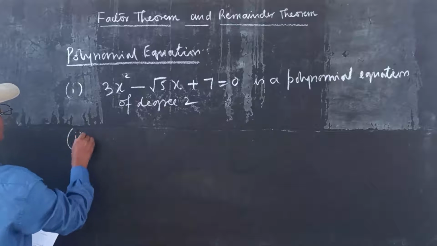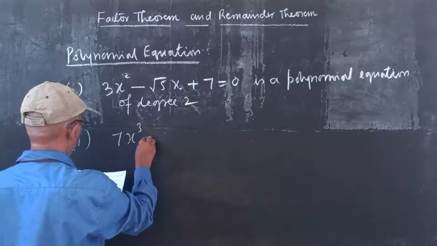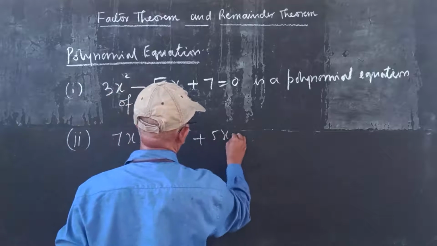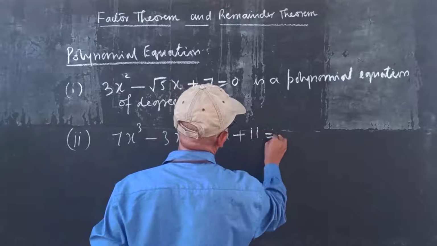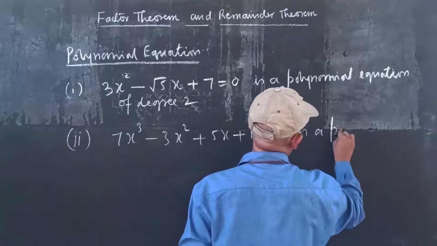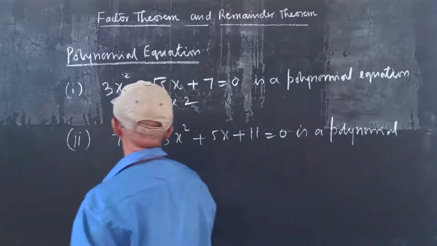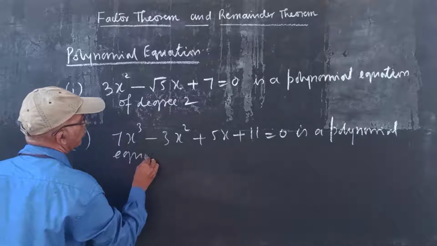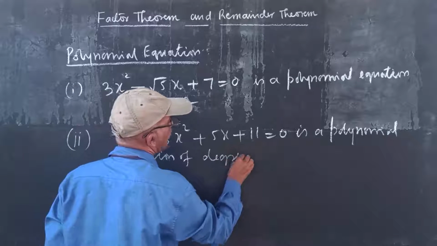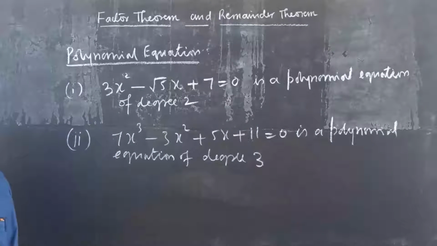Now we will take one more example. 7x cubed minus 3x square plus 5x plus 11 is equal to 0 is a polynomial equation of degree 3. See what we are going to observe.